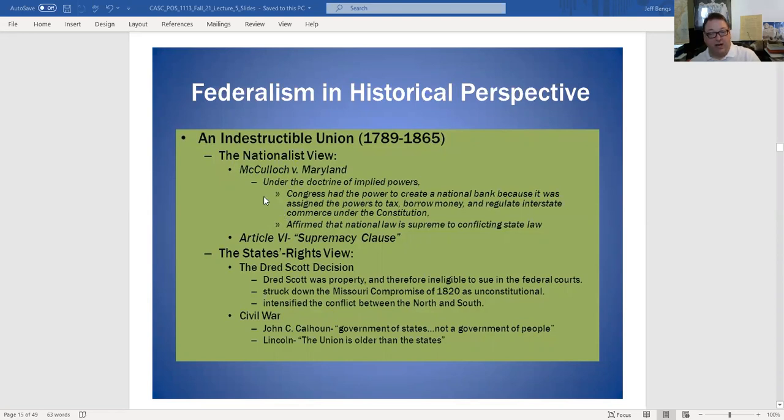And this is why this case is so important. The Supreme Court said that a state entity could not tax a federal entity.